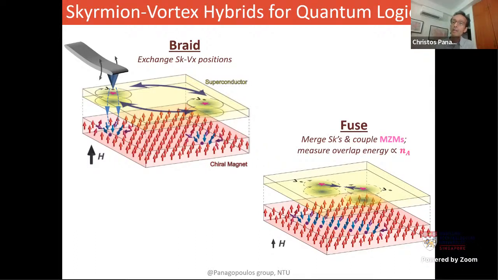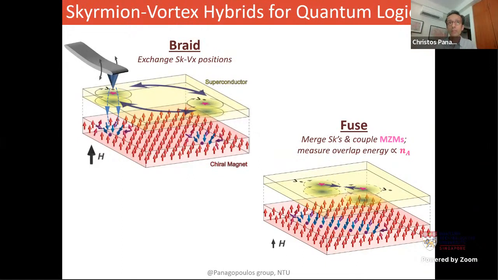Assuming the chiral magnet and the superconductor are homogeneous, the Skyrmion vortex pair, and hence the Majorana zero mode, should be intrinsically mobile. This means that we can perform, as I show you on the left, a non-perturbative, non-contact braiding operation without the risk of changing the electron number parity in the system.